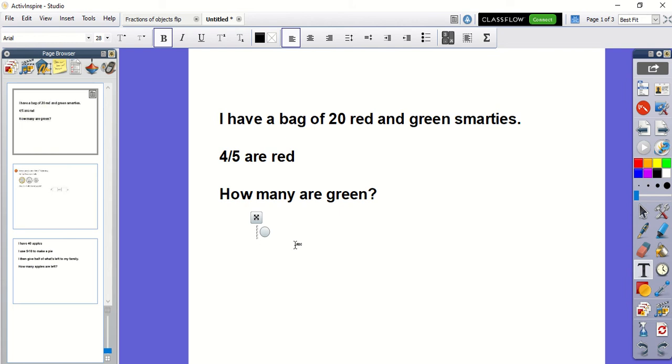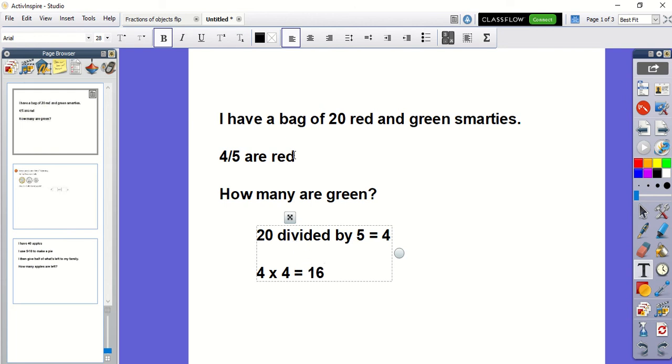So first thing we're going to do is find out what 4/5 of 20 are. So we're going to do 20 divided by 5, which gives me 4. And then we're going to times it by the numerator, so 4 times 4 equals 16.